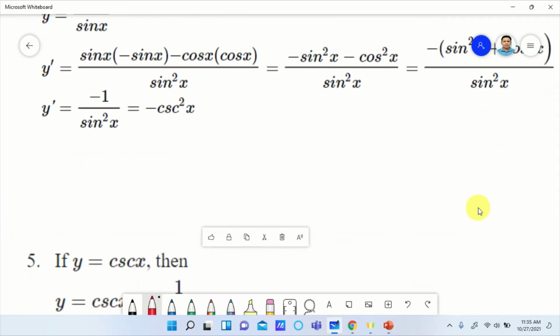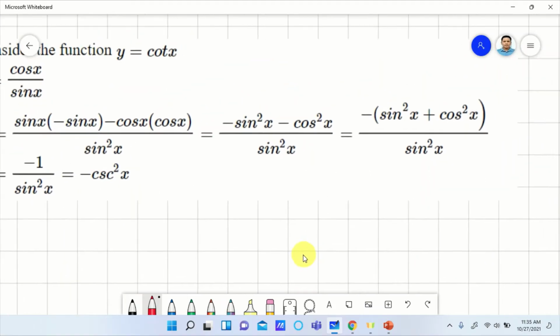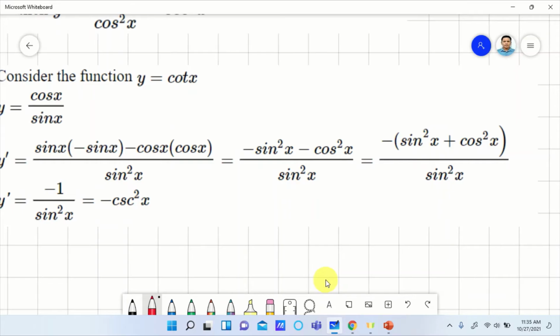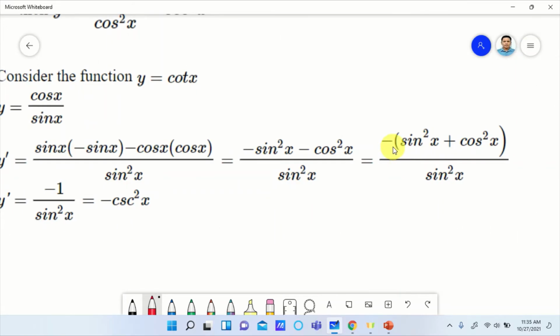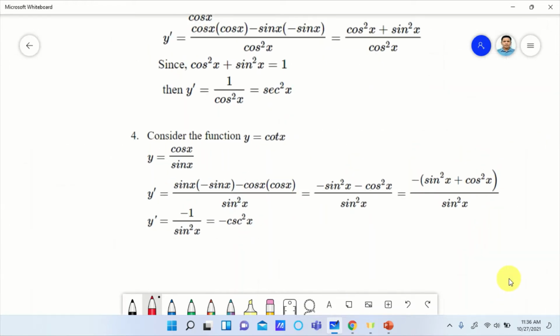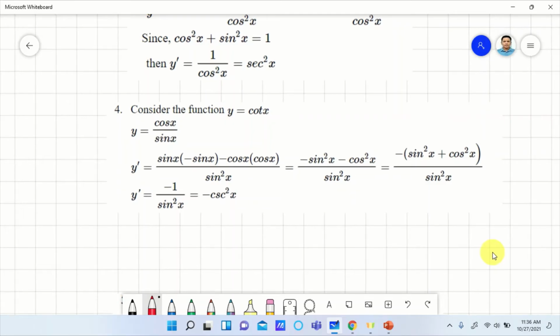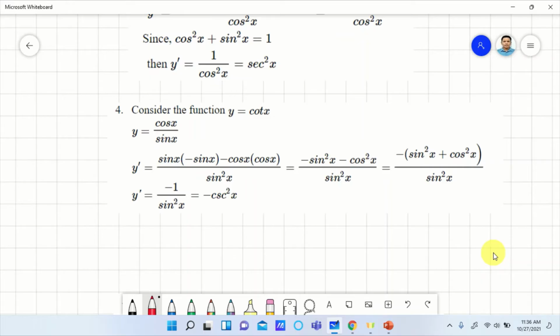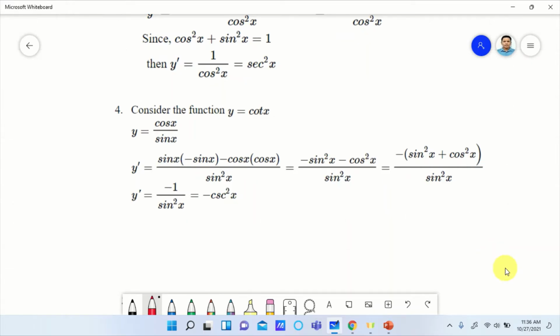Looking at the simplified form, you can factor out negative 1. So negative 1 times the quantity sine squared x plus cosine squared x all over sine squared x. Definitely the numerator, sine squared x plus cosine squared x, can be replaced with 1 because that's a Pythagorean identity.